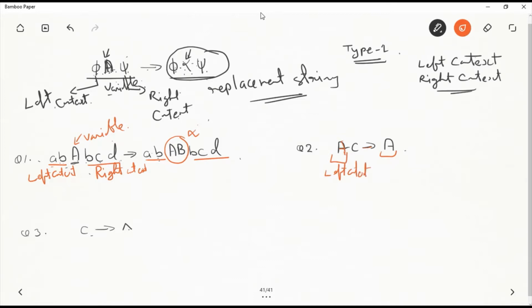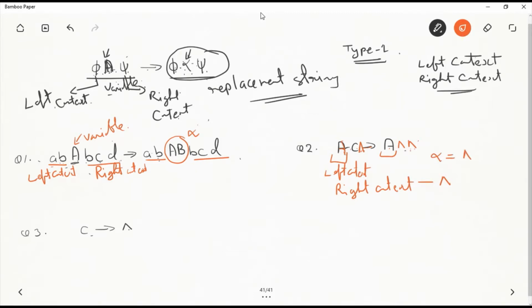And right context? Null. We can take null. We can write this as the concatenation of AC epsilon followed by A epsilon epsilon null string. So right context will be null, and again the value of alpha is also null.